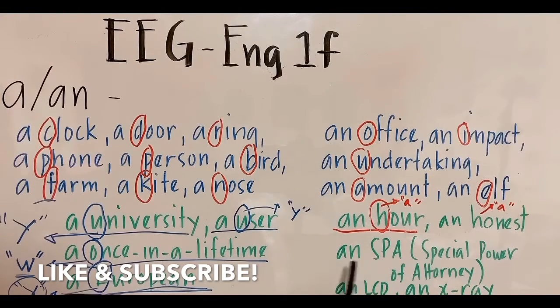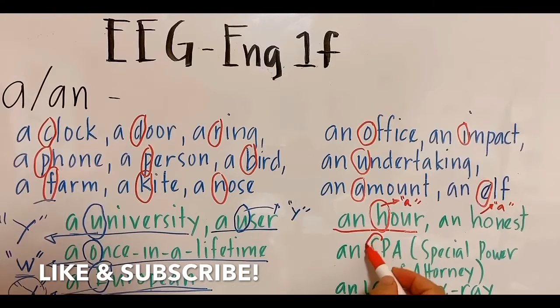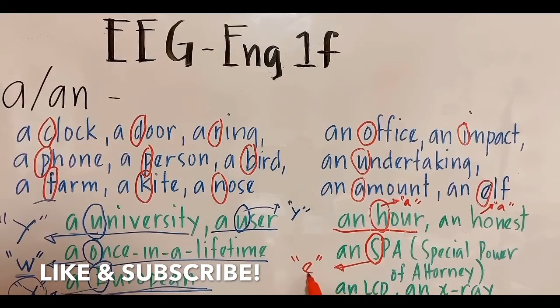Then next, an SPA. SPA is a special power of attorney. SPA starts with the consonant S. However, if we use our listening skill, S here sounds like eh, which is a vowel sound. An SPA. We're clear with that?